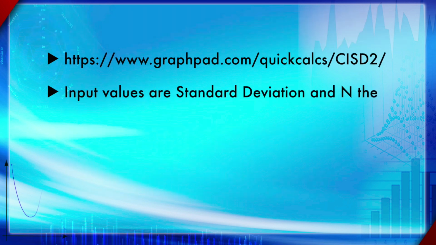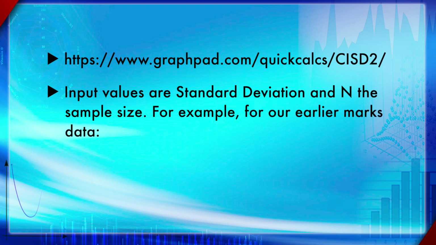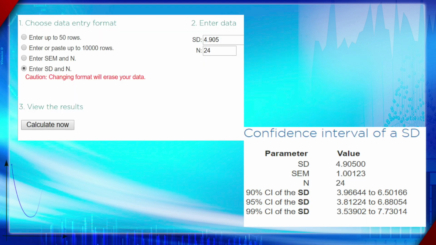For example, in our earlier marks data, if you input, then you will see that the 95% CI of the SD is 3.81 to 6.80. So, you can calculate it, each of the standard deviations will be plus minus of that value. There will be a total of 4 limits in it, 2 for the upper limit and 2 for the lower limit.